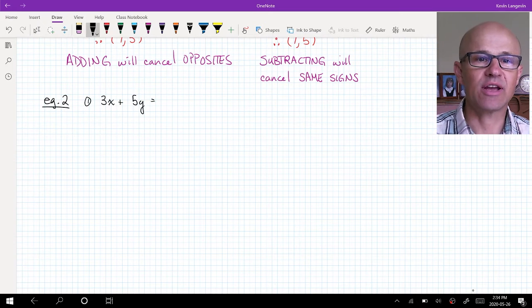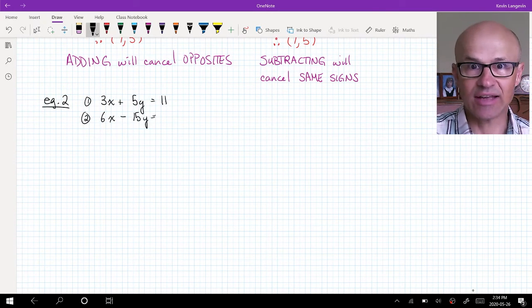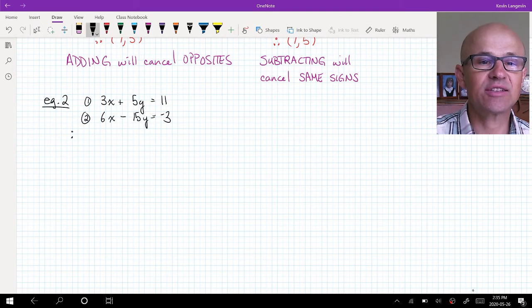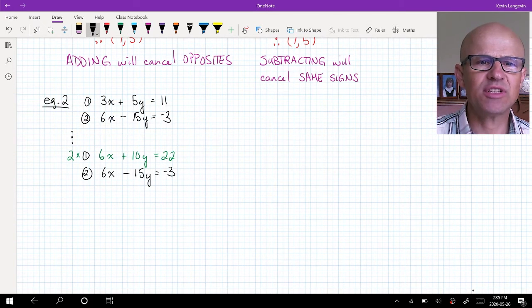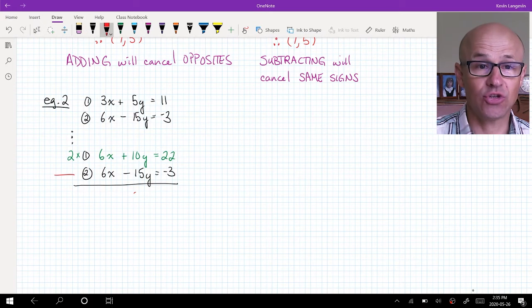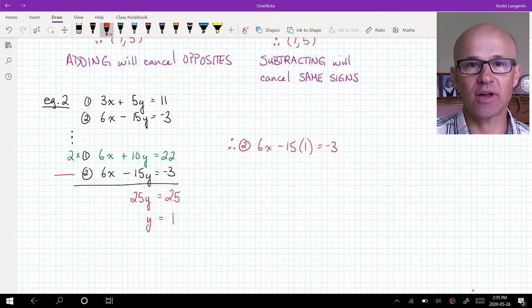Suppose I have 3x plus 5y equals 11, and again, these all represent lines on a graph, and 6x minus 15y equals negative 3. There's multiple ways I could do this one, but I'm going to cancel out the x's. So I'm going to take the top equation and multiply it by 2, every single piece. I then subtract, and I get an answer of y equals 1. I plug it back into one of my original equations.